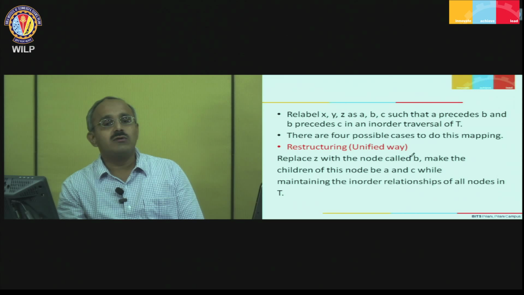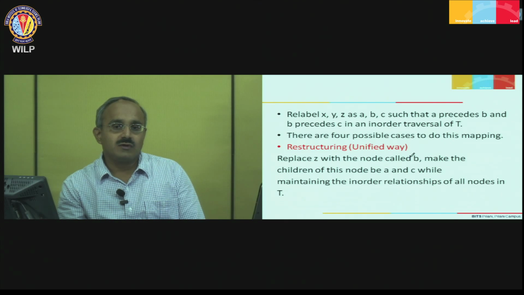Right. So, what we are doing is first we are going to label x, y, z as A, B, C, such that A precedes B and B precedes C in in-order traversal. We will see that there are 4 possible ways of doing this mapping.